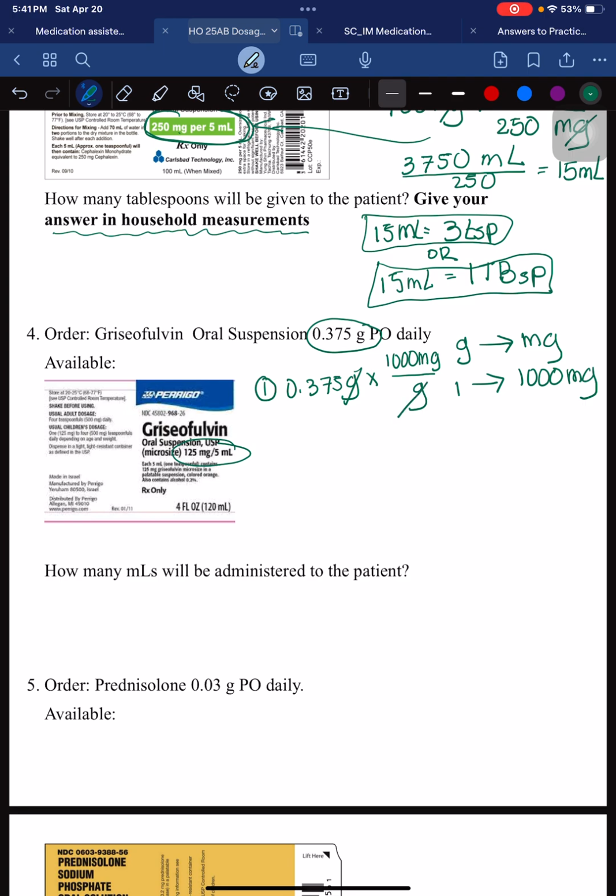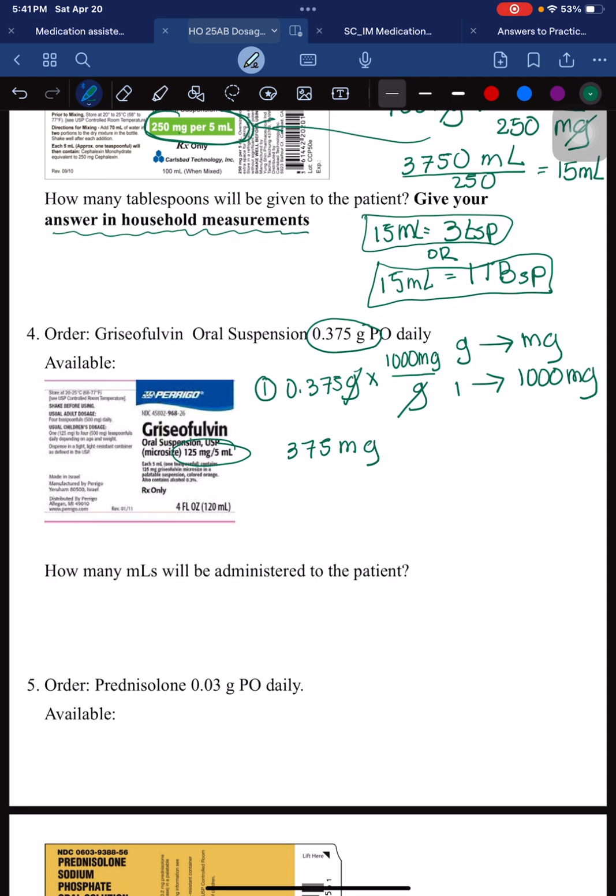I need to multiply 0.375 by 1,000. So let's calculate that really quick here. 0.375 times 1,000 would give me 375 mg.